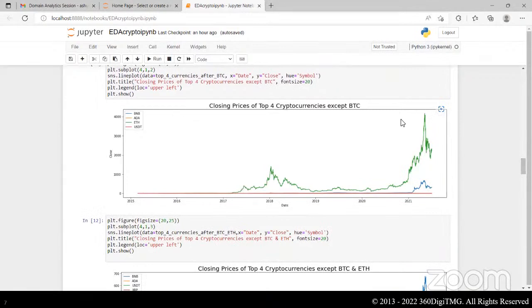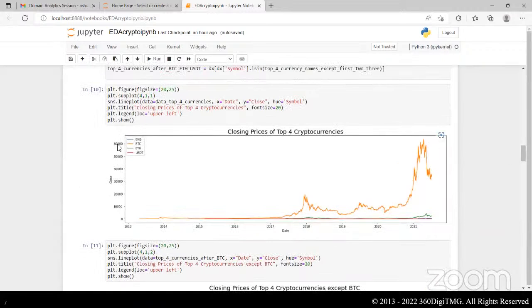What is its highest? Maybe 4,200. And we are having 60,000 for our Bitcoin.